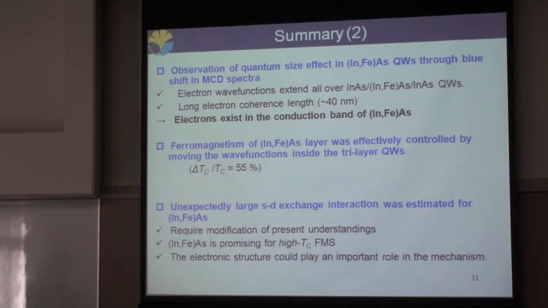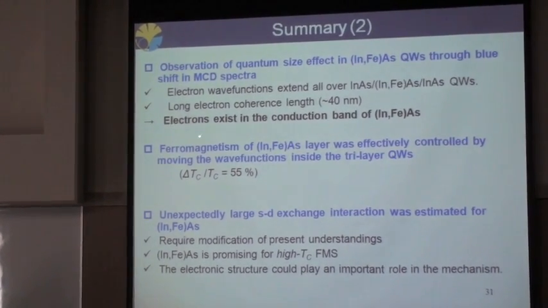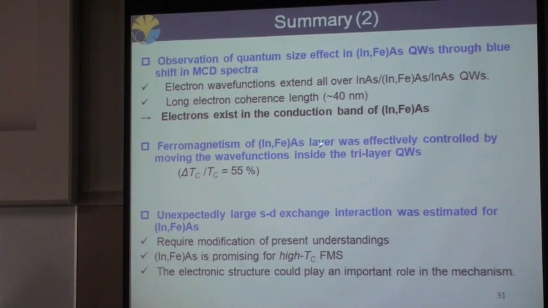To summarize, we have observed quantum size effect in the thin film quantum wells and heterostructures. From the experimental results, we confirmed electrons exist in the conduction band of indium iron arsenide. And we can change the Curie temperature by etching the top indium arsenide layer and by moving the wave functions inside the tri-layer quantum well.